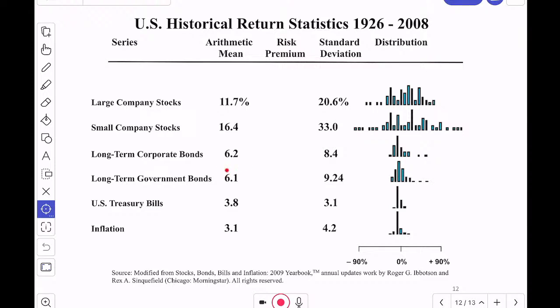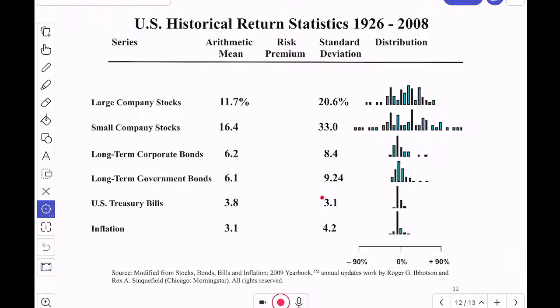These are the returns. This is the average return for long-term corporate debt. Government debt is about the same. Interesting, that's a little bit higher in volatility, but Treasury bills are the standard for less risky.